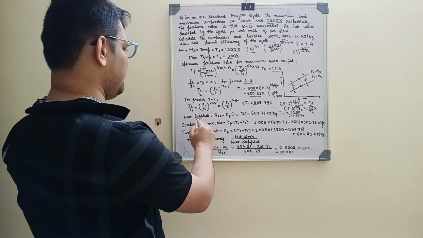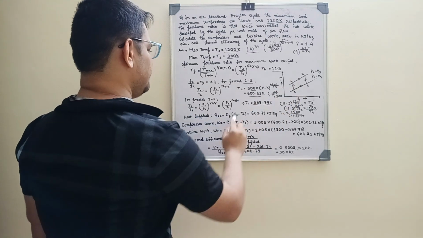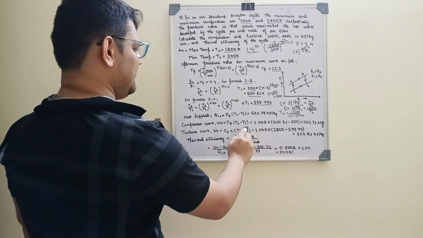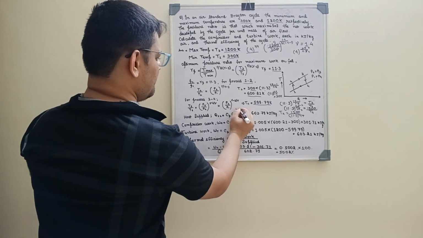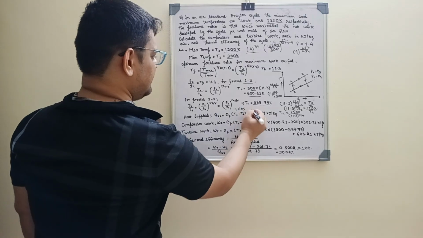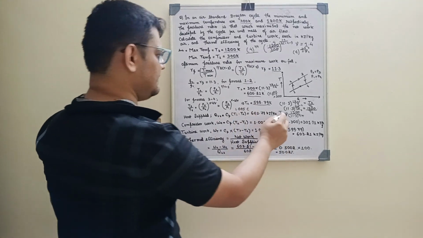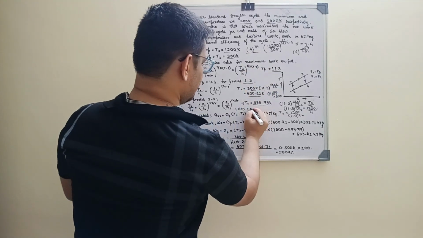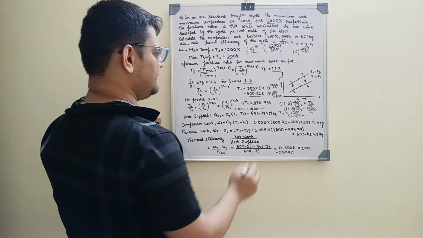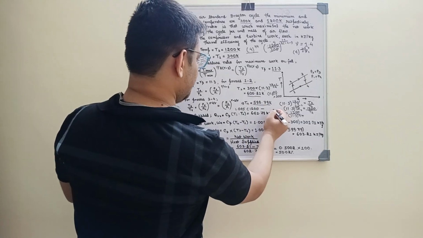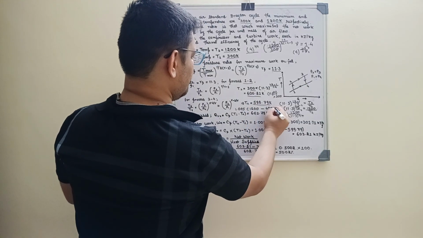Here we have the heat supply, that is Q23. Cp is nothing but 1.005. So we'll put here 1.005, and T3 we have 1200, minus T2. T2 value we know, that is 600.21.